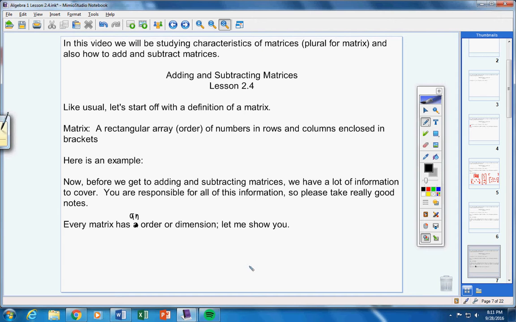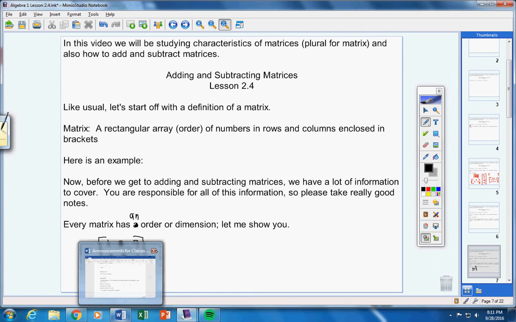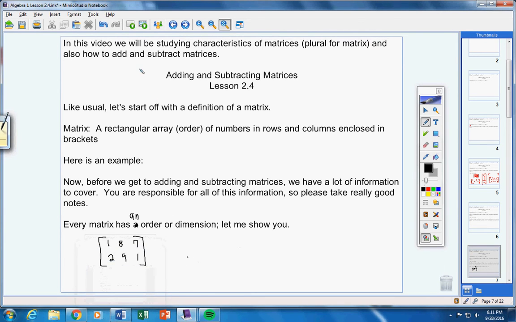Let's write a matrix. I'm just going to put 1, 8, 7, 2, 9, 1. When it comes to matrices, the words order or dimension mean the same thing.